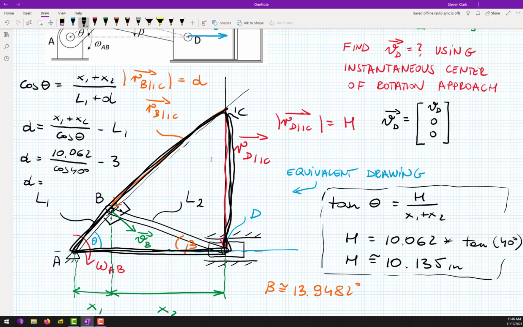So d will be approximately 10.135 inches, of course.